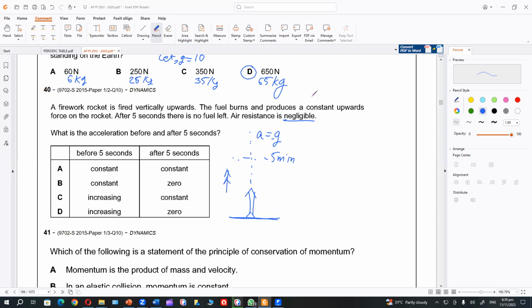Before the engine power is off, the engine is pulling it upward. You must have seen rocket launch videos, where the rocket launches with a very high acceleration. It is not constant.